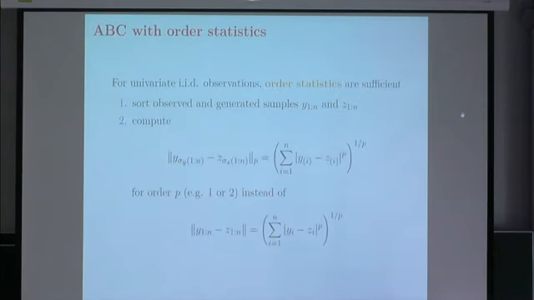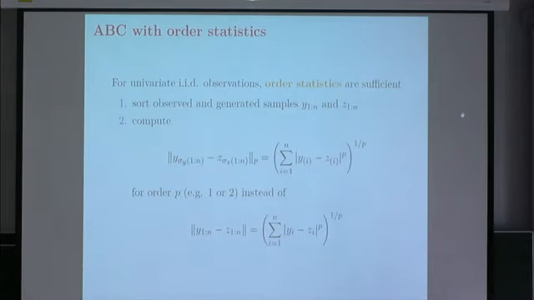And so if we start with univariate data and IID observations, there is a famous result that order statistics are sufficient. So looking at order statistics instead of the original data does provide the same inference.